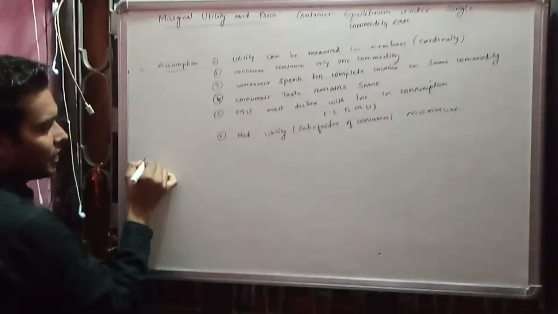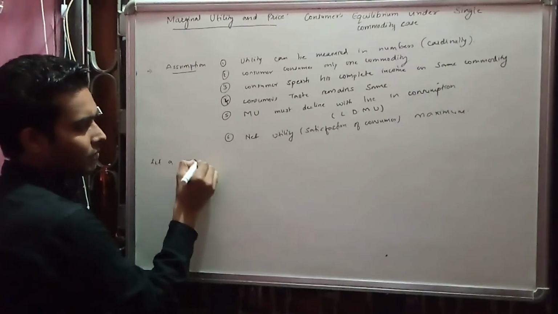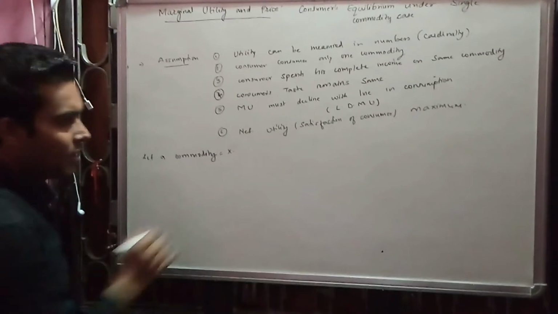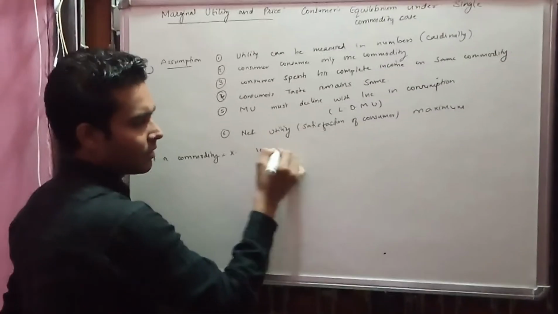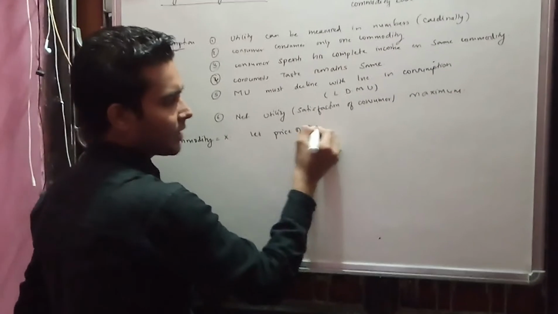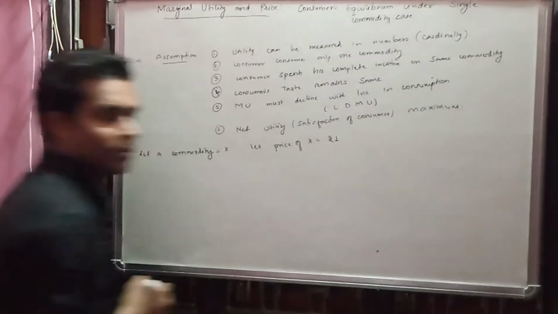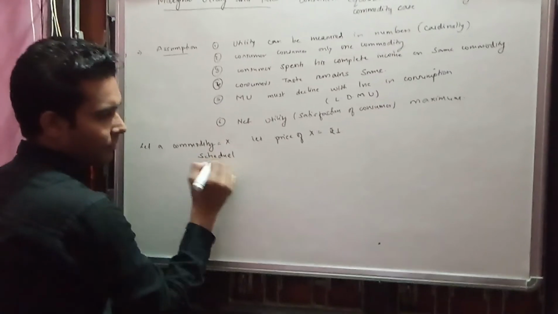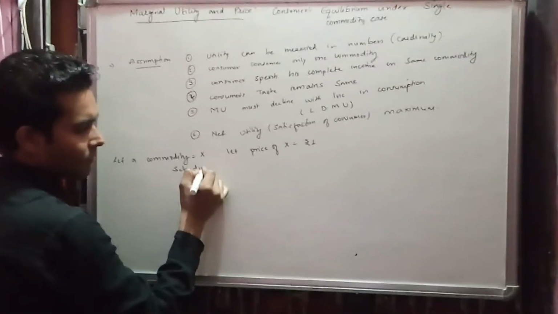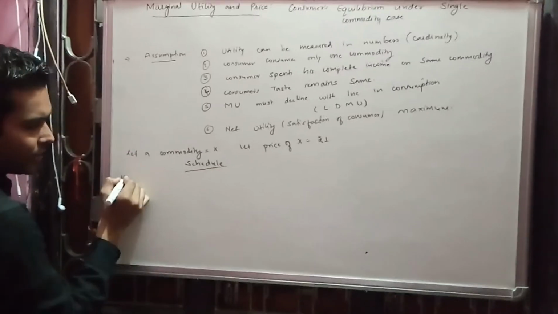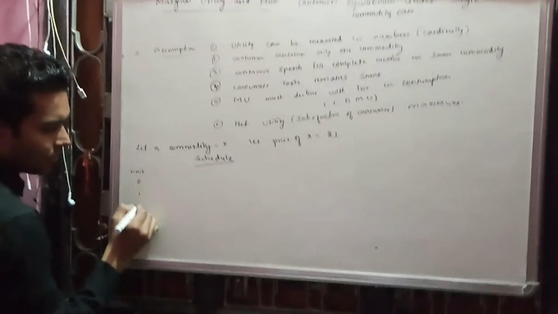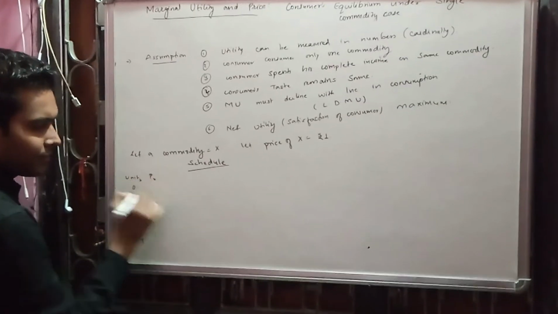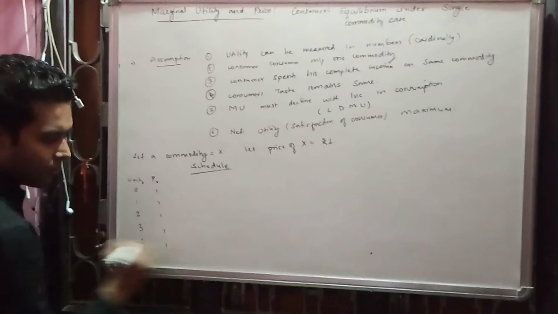Now take an example, let a commodity be X. So the commodity is single, let the price of commodity X be ₹1. Now I am going to make a schedule. Unit, that will be 0, 1, 2, 3, 4. Price of commodity X, 1, 1, 1, 1, 1.